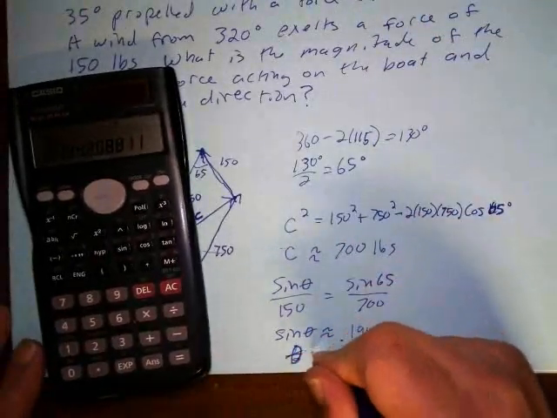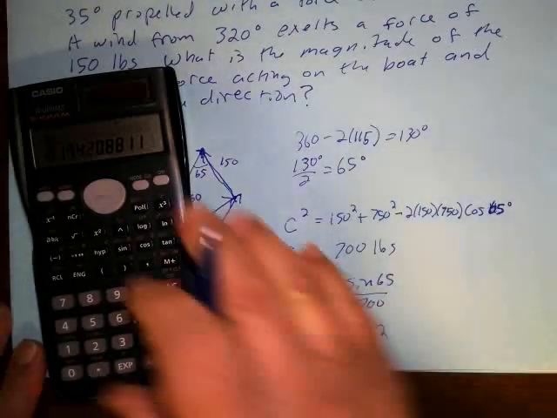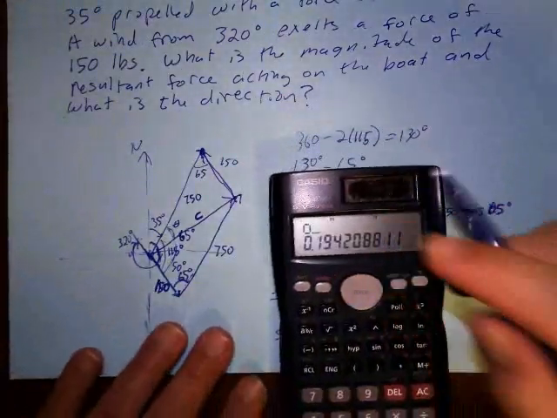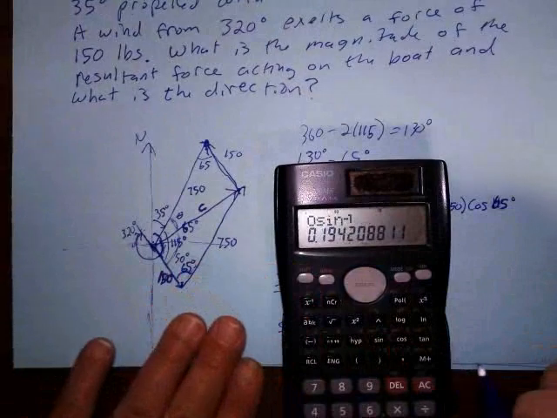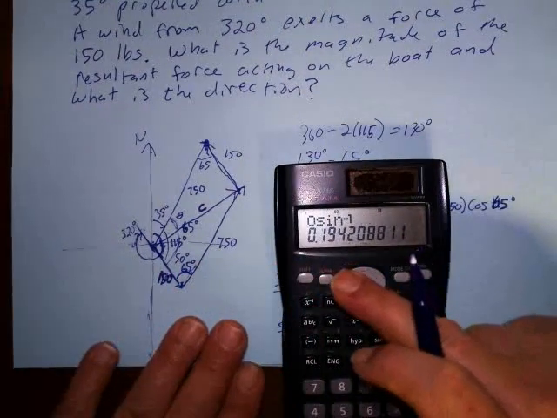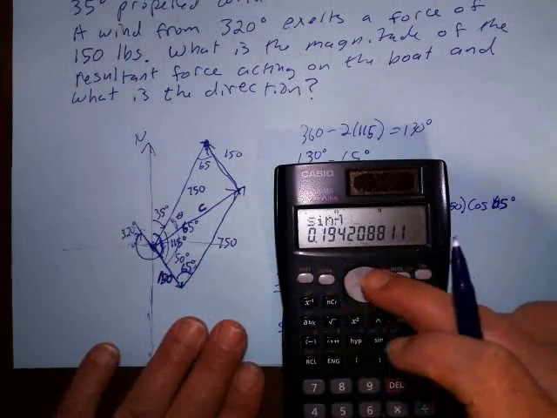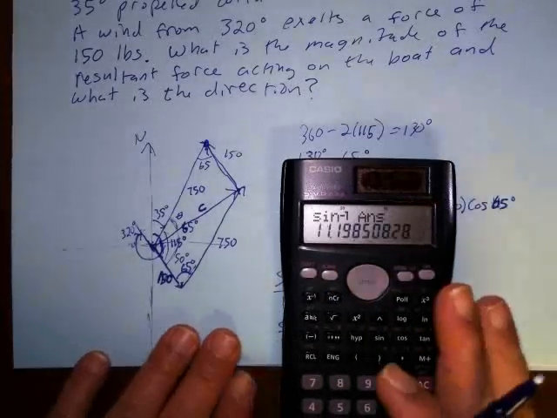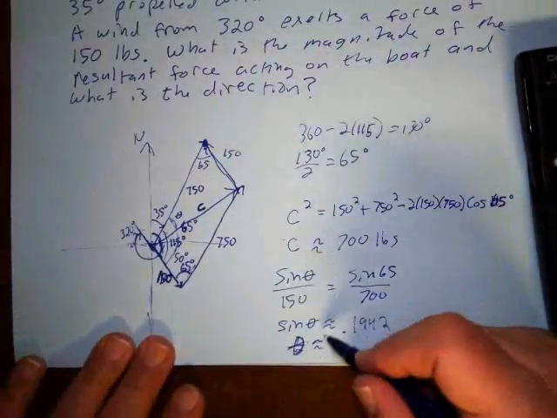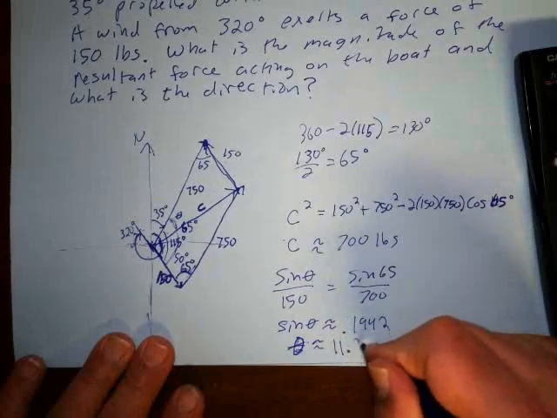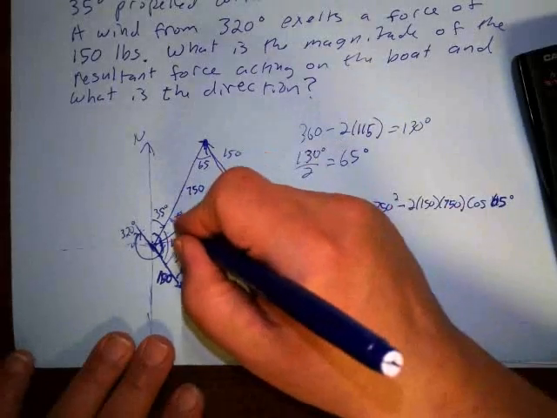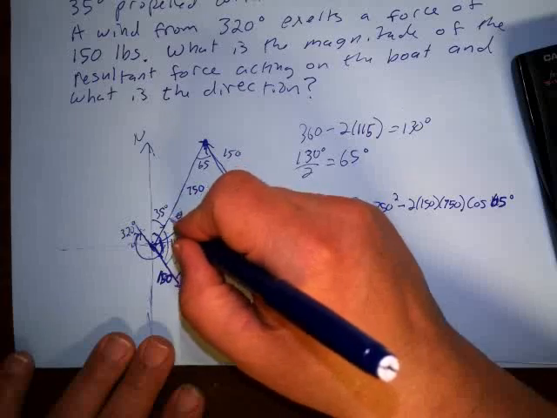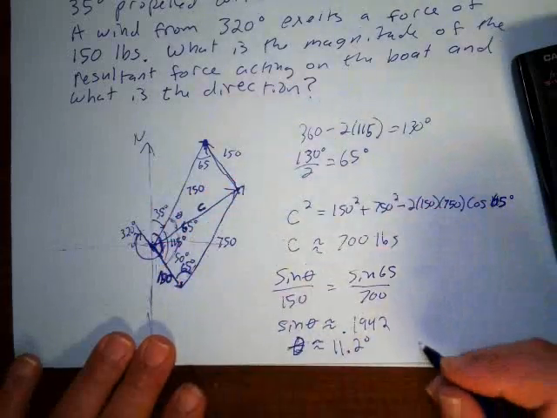So my theta here is approximately the inverse sine of that, and I get 11.2 degrees. Now that's this angle here, so I have to add it to the 35.